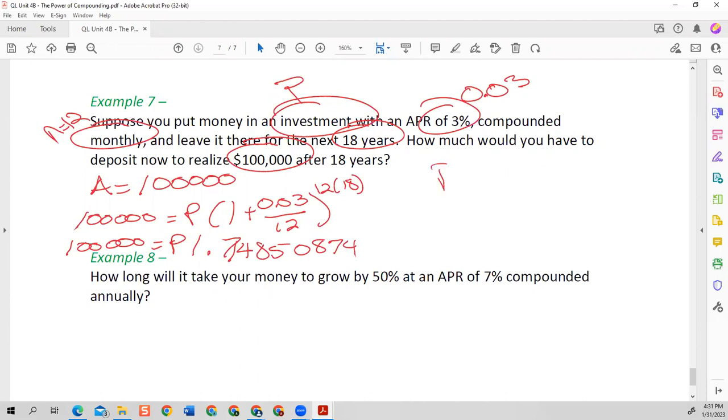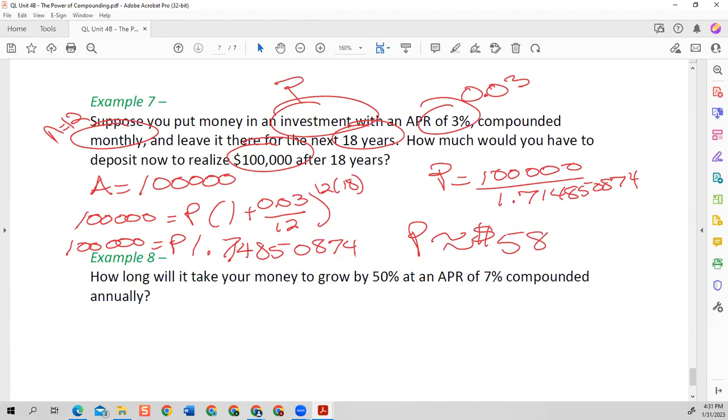And I would divide both sides by that 1.7. And we are going to come out with a total of 58,314.11. And now our last one.